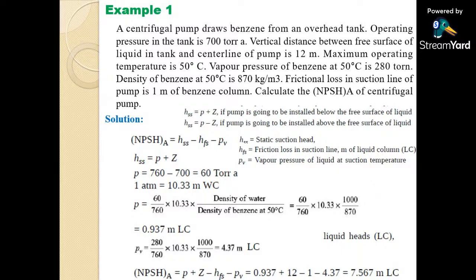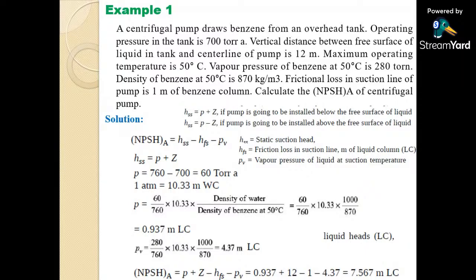This is the actual suction head available, because the pump is located below the reservoir from which the benzene is to be transported. So it is your sump or the reservoir or tank from which you are getting your liquid, and maybe at some other location it will be delivered.